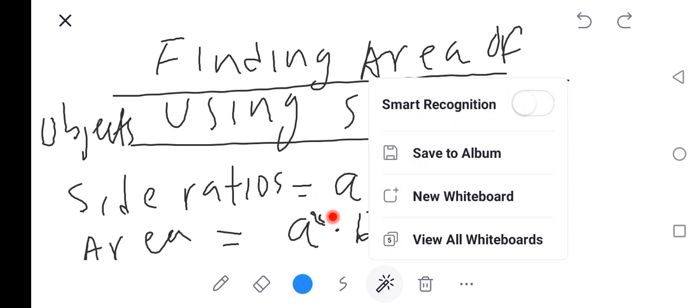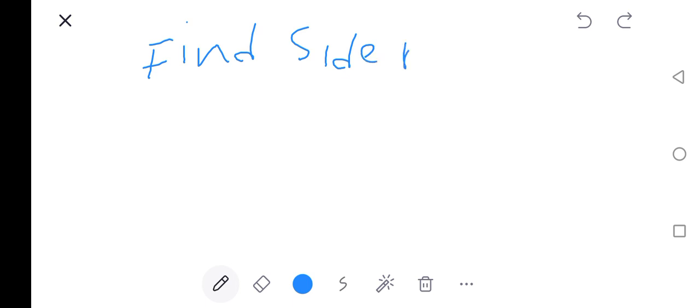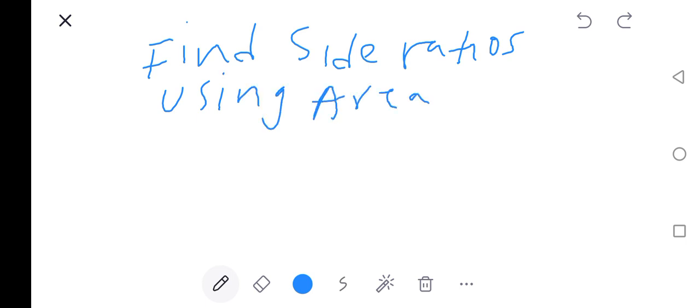So now let's do this. This is now the interesting part. Our new subheading is going to be finding side ratios using area and volume.